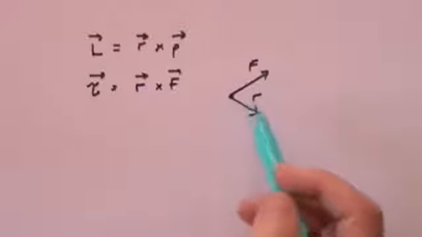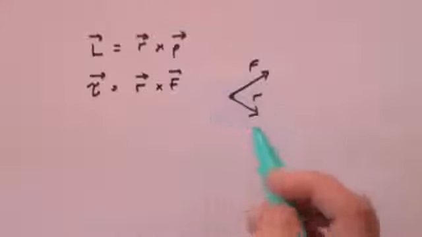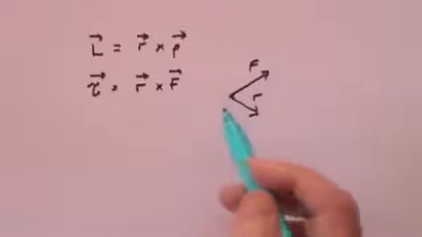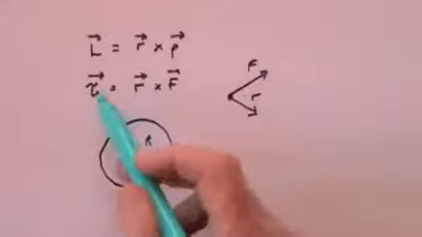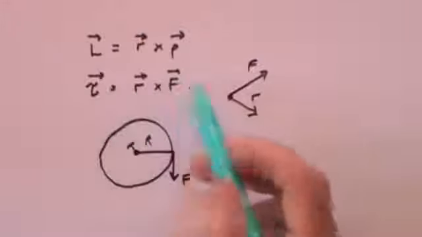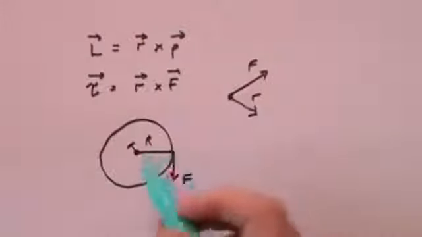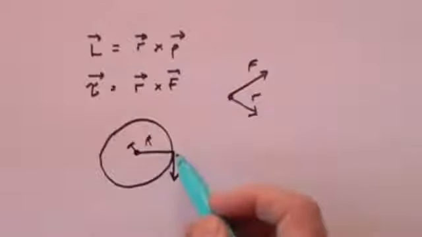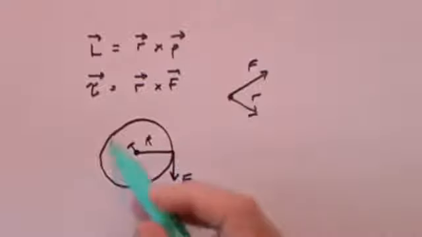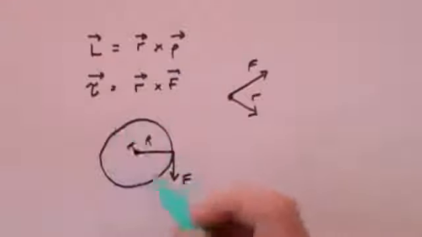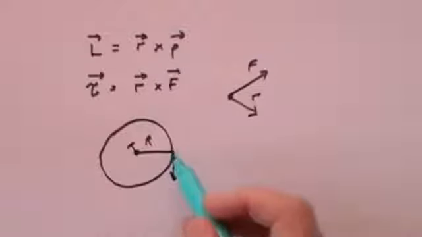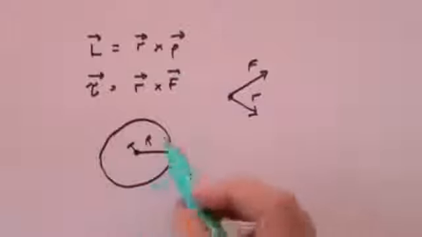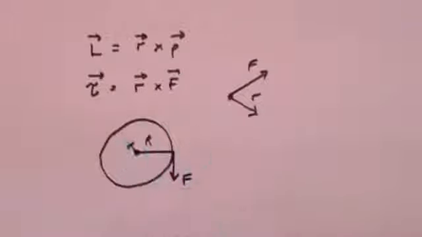And if the force would tend to turn the object anti-clockwise, then this formula here will tell you what the torque will be, but the important thing is that the torque will be along the axis of rotation. Since I'm going to turn this clockwise, then the torque will be into the paper. If I were to apply the force in the other direction and make it go anti-clockwise, then the torque would come out of the paper.